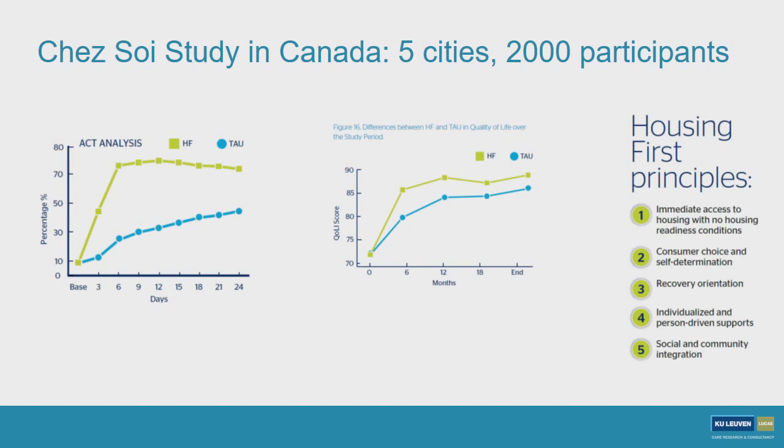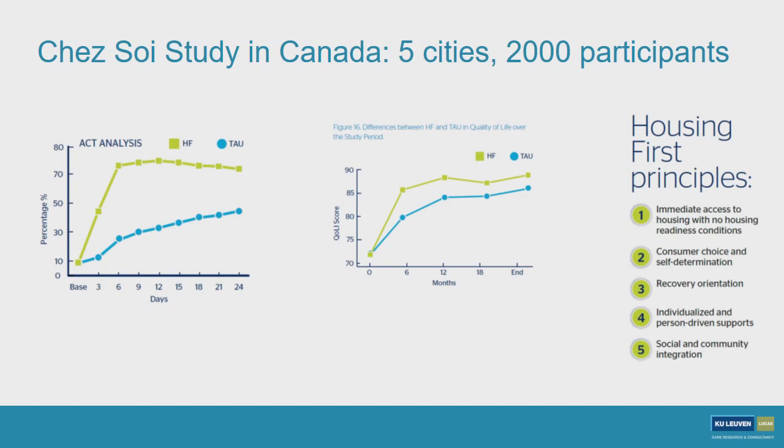And on the right, in the table, you see the quality of life, and the difference is not as big between treatment as usual and housing first, but housing first scores better with regard to the quality of life. So you have much more housing stability if you are using housing first. And in addition, the quality of life of these people is much better.